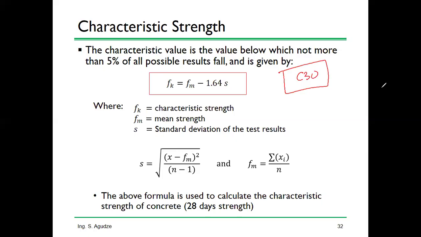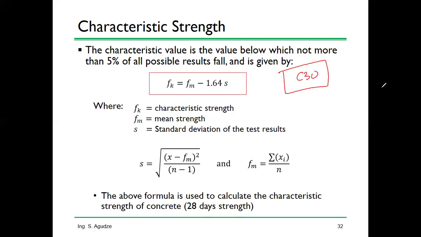You don't just go anywhere. If we will take sand from Amasaman, we'll get that sand exactly for the test. After that, you prepare the cubes, maybe 7 days, 14, 21, 28, you cure all of them, you take it to the compression testing machine to test, and then you provide your results.